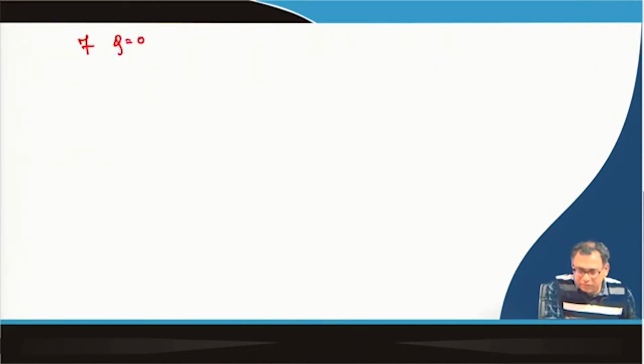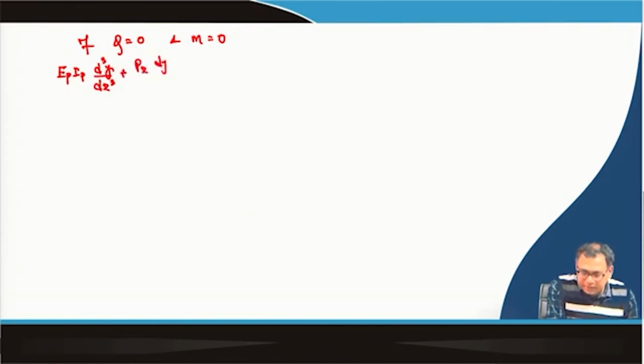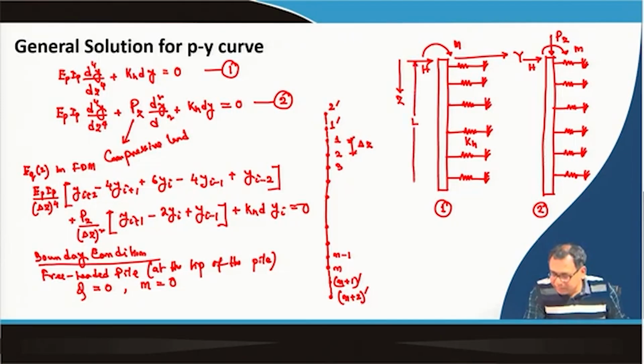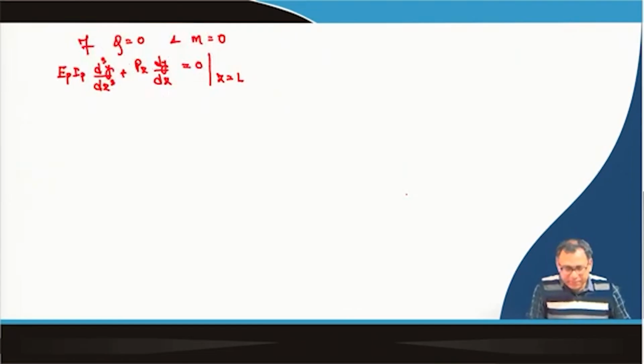So, if the shear force and bending moment are 0, I can write that Q is equal to 0 and M is equal to 0. For the shear force, I can write E_p I_p d³y/dz³ plus P_z dy/dz will be 0 at z equal to L, where L is the length of the pile.